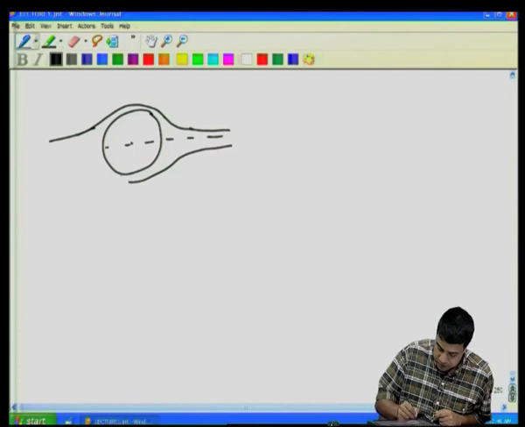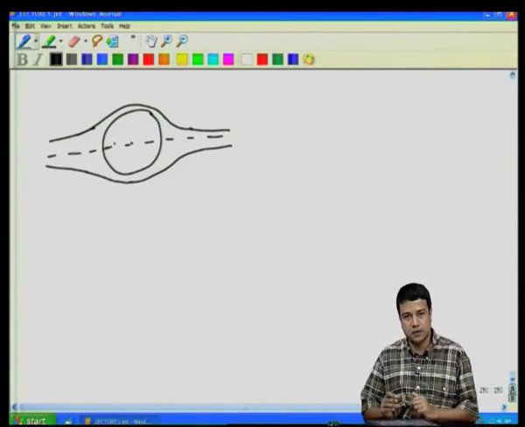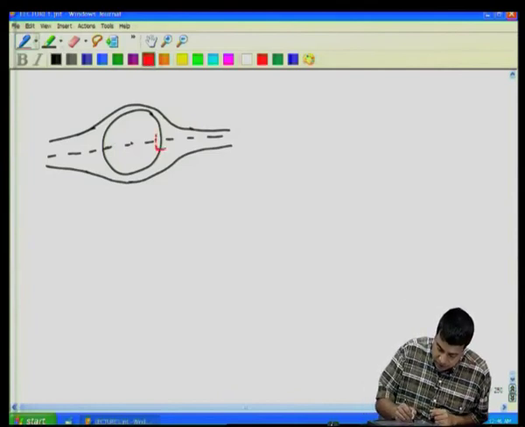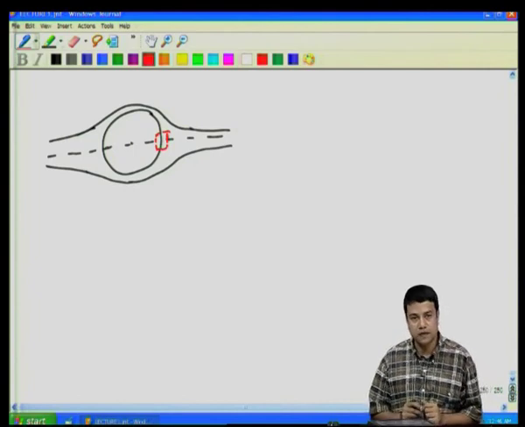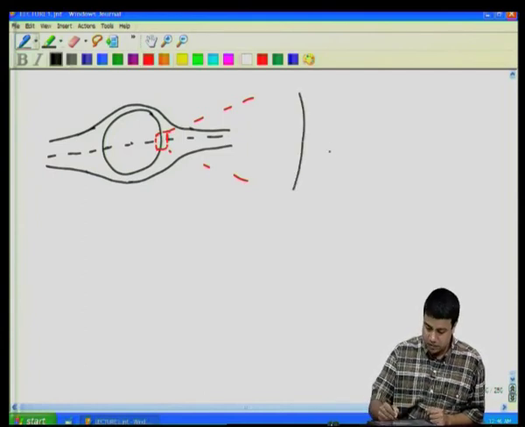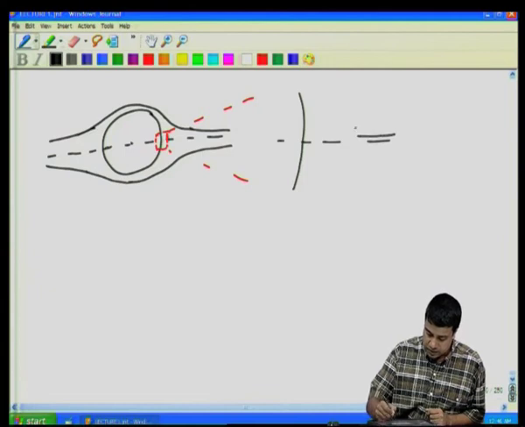This is the potential flow solution for the flow past a cylinder. If you focus attention on a thin region over here and expand it out, what it looks like is a surface like this with flow that is incident on this surface.